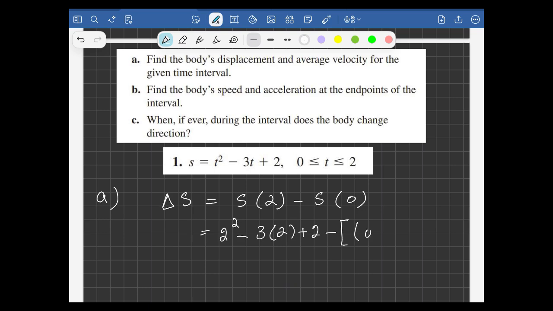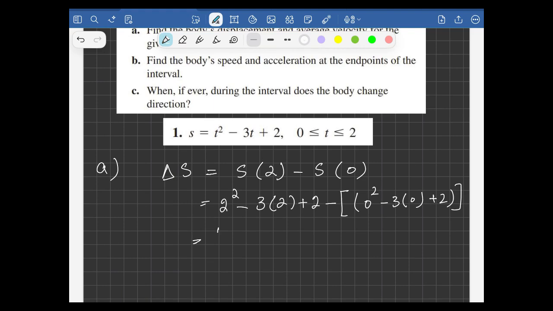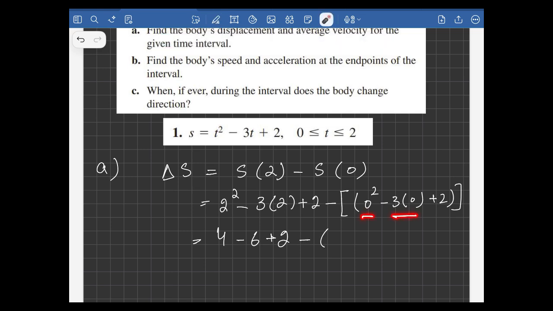So it's going to be 0 square minus 3 times 0 plus 2, bracket close. So let's simplify it further. 4 minus 6 plus 2 minus, okay, 0 becomes 0. This will become 0, and we will be left with plus 2 only.